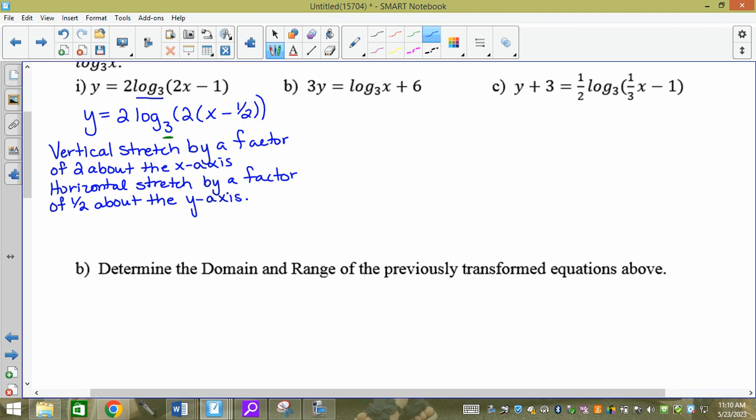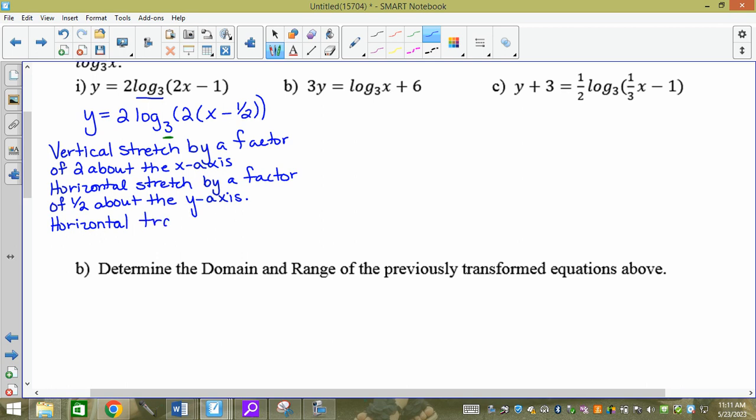Okay, what do we do? That 3 goes nowhere. Yes. And then the half goes where? What is horizontal translation in trig? Phase shift.